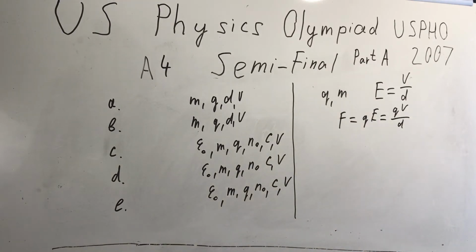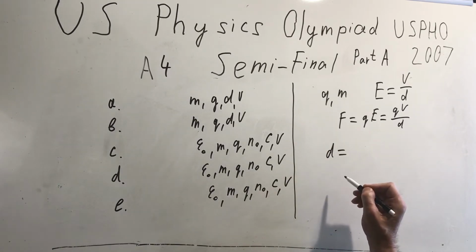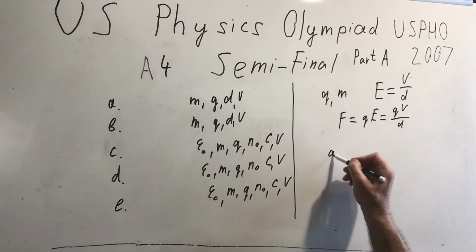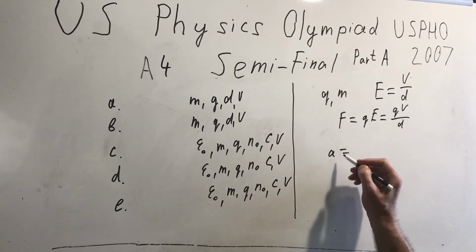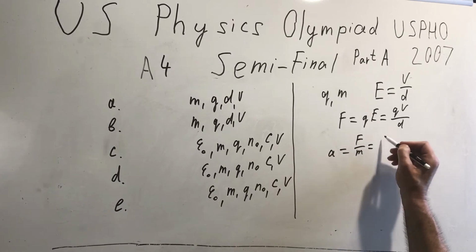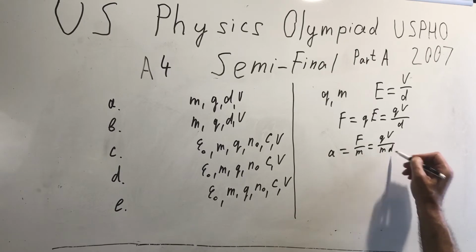So we can find the acceleration from this formula. Acceleration a equals force over mass, which is qV over md.